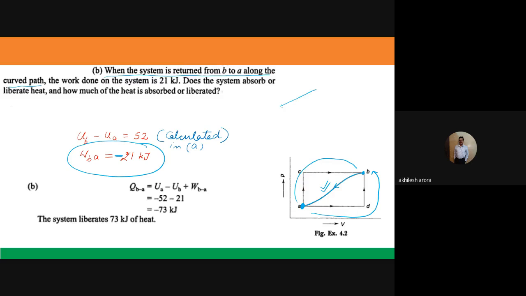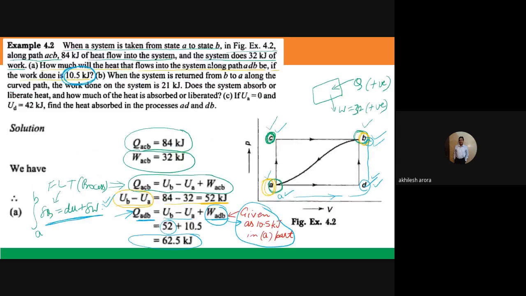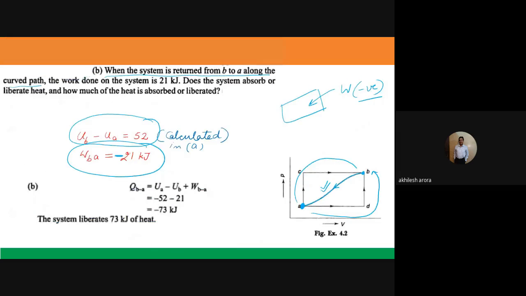From the sign convention, if work enters into the system, it is bound to be negative. So we have to consider it as negative. And we have already calculated the value of UB minus UA as 52, as you can see in the previous case. So this is already with us.